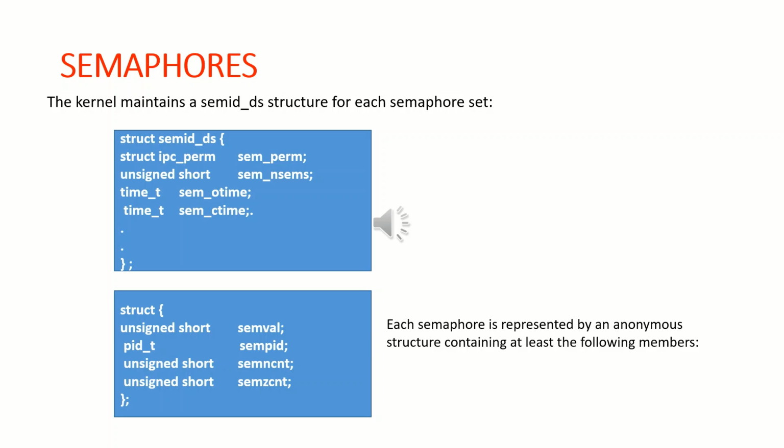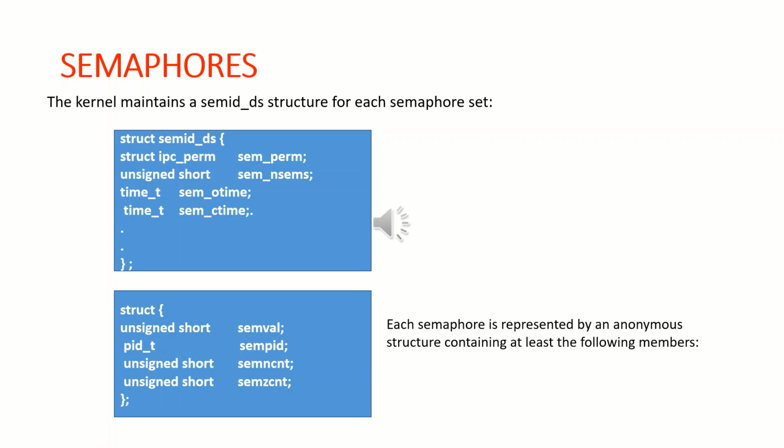The Single UNIX Specification defines the fields shown, but implementations can define additional members in the semid_ds structure.